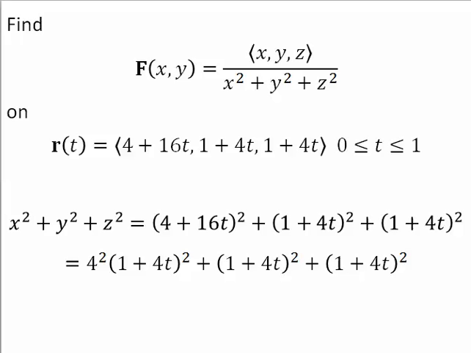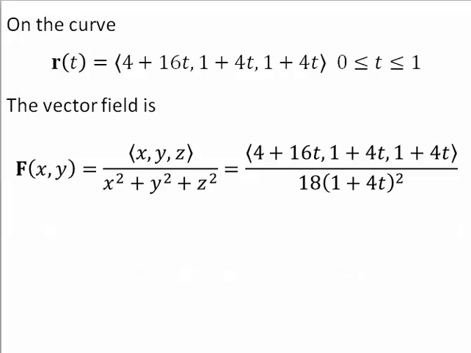Rather than squaring all these things, I think it's a little bit smarter to recognize that 4 plus 16t can be written as 4 times 1 plus 4t. And when you do that, you can see that x squared plus y squared plus z squared is just 18 times the quantity 1 plus 4t squared. All right, so we have our denominator.